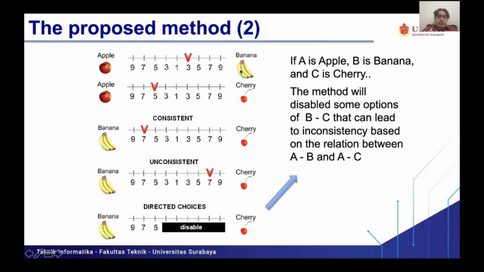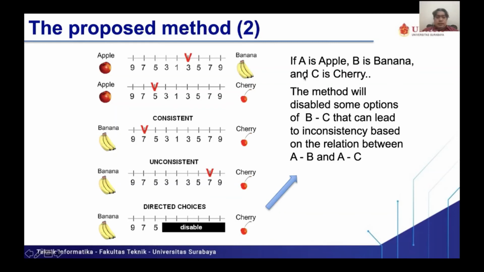For example, for apple and banana, the judge loves banana, and for apple and cherry, the judge loves apple. My method in this paper will disable the option that leads to inconsistency during the judgment process.